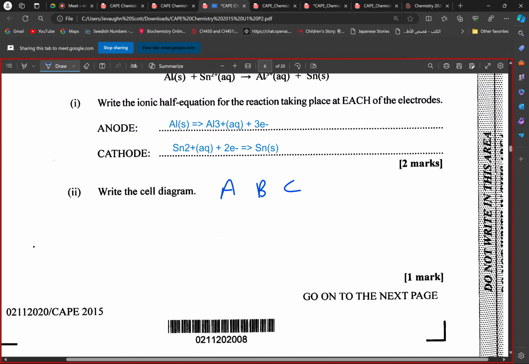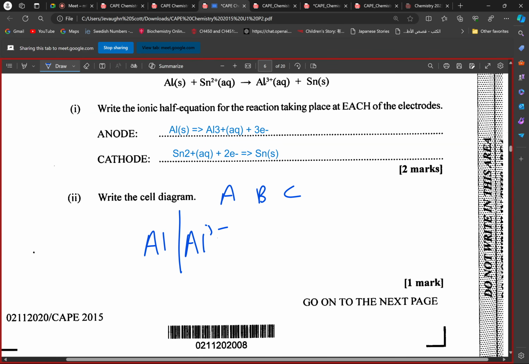So at our anode, what we have is aluminium, Al3+, then we're going to have Sn2+, Sn.